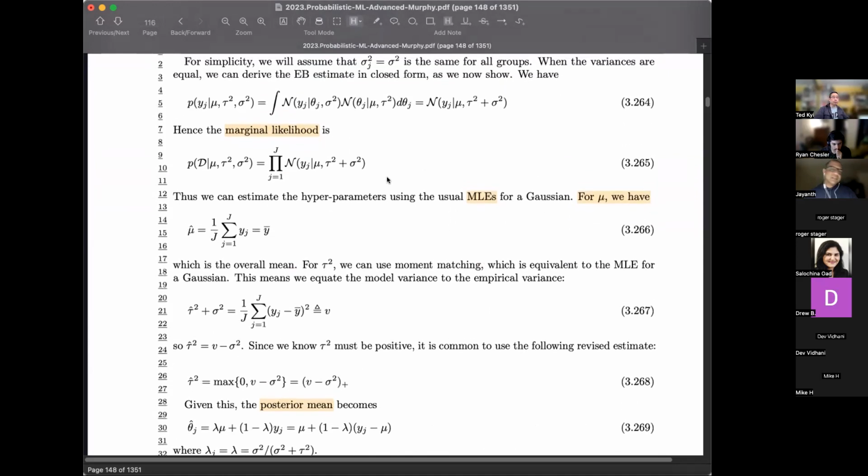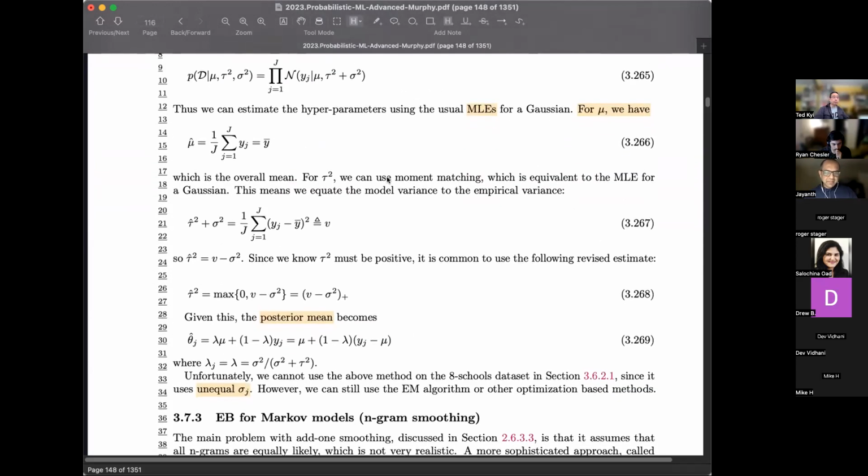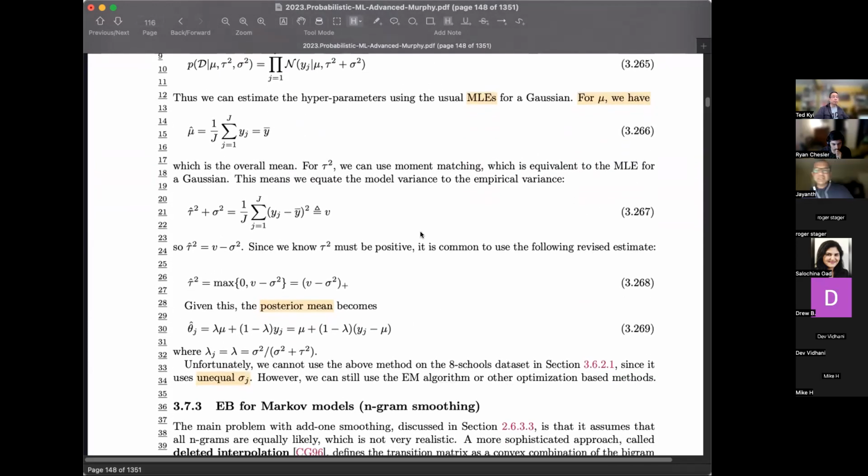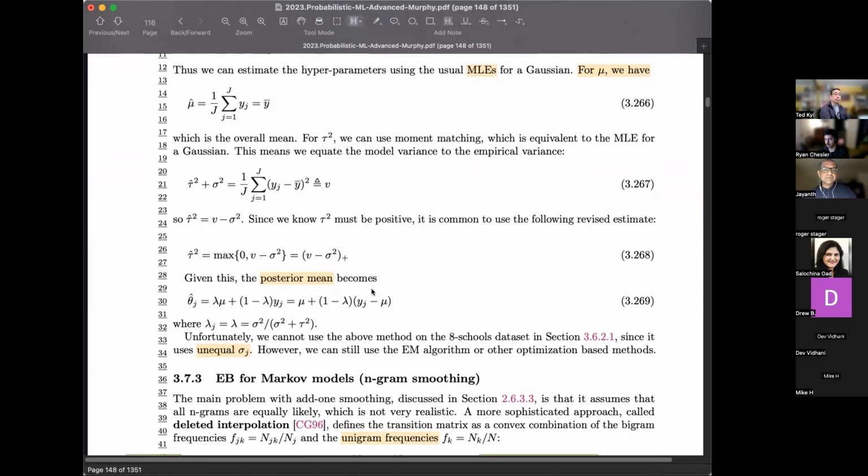And one thing you can see is that a lot of these can be calculated. I didn't go through the calculations myself, but you can see that because of the point estimate, you can actually come up with a closed form expression for theta j, and so on.